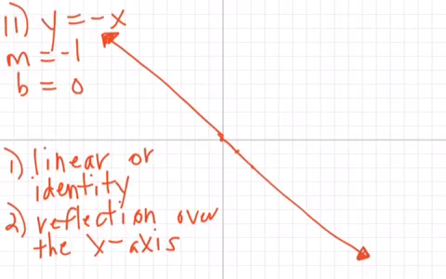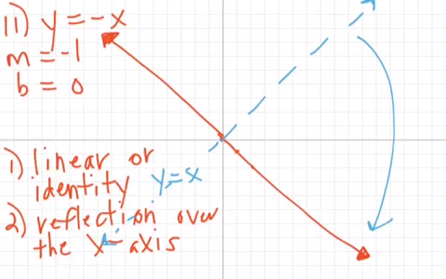If you look at the identity function in your notes, or linear function, it's y equals x. If we were to graph y equals x, it would look like this. And I think you can see where the blue is flipped over or reflected over the x-axis in order for it to be the red graph.